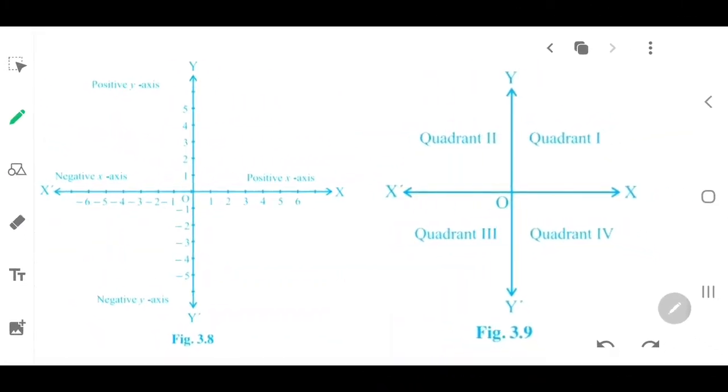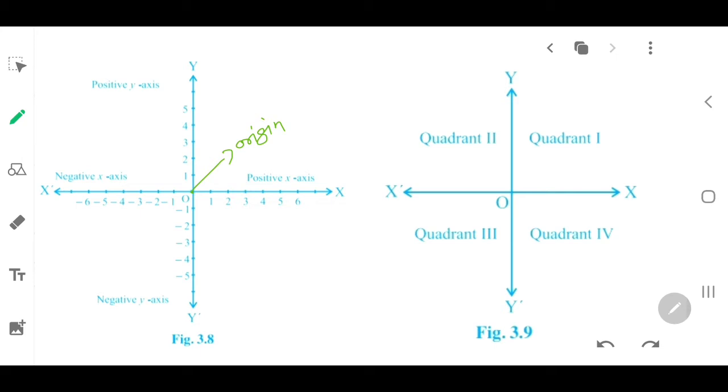Next you see, when both the axes combine or intersect at a point, the point of contact we can call the origin. So this is the origin. You understood? So 0 is the origin.